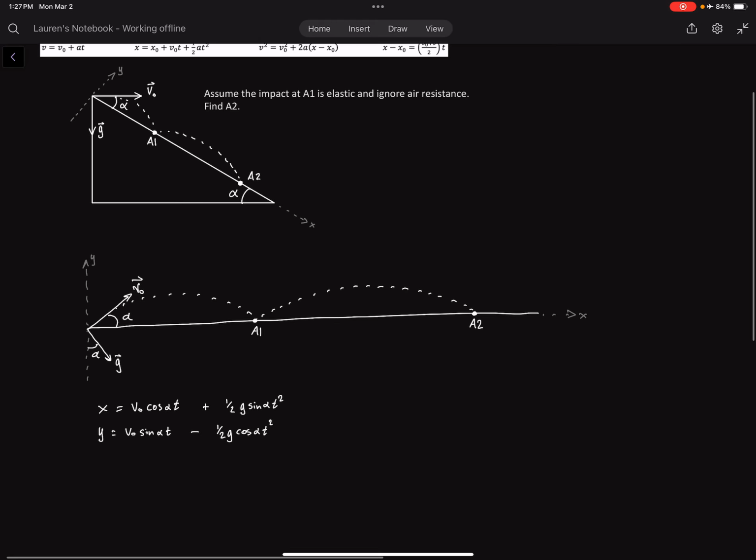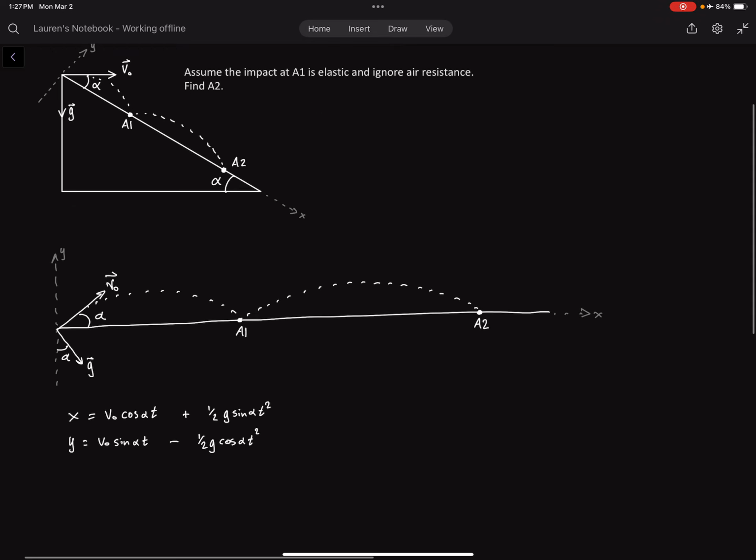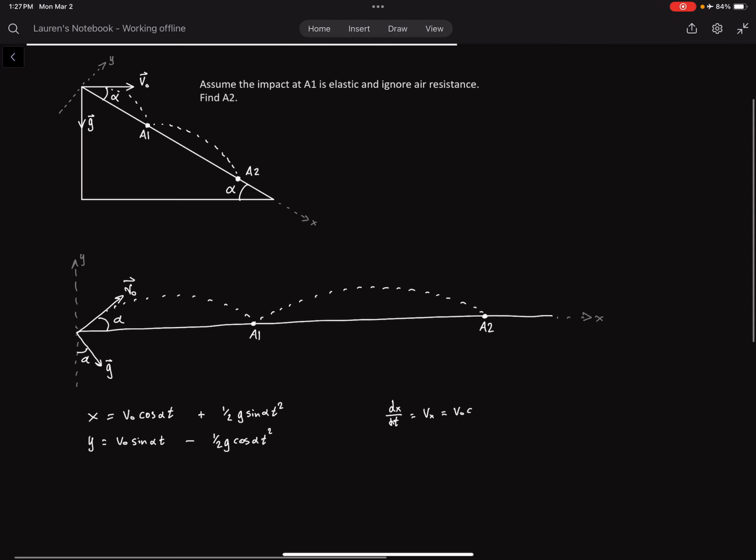And if we just take a time derivative of this, alternatively, we can think about this first equation term by term what's happening, but we could just take a time derivative. So dx/dt would give us our x component of velocity at any time t. So that would be v naught cosine alpha plus g sine alpha t.